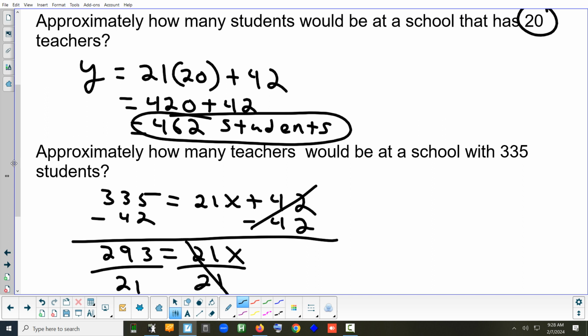If you have more students, what do you think would happen? You'd have to have more teachers. Right, you'd have more teachers. So we think that there's a connection between how many students and how many teachers. That's called a correlation, if we think that there could be a connection between two things.